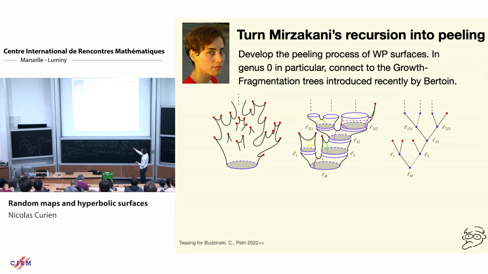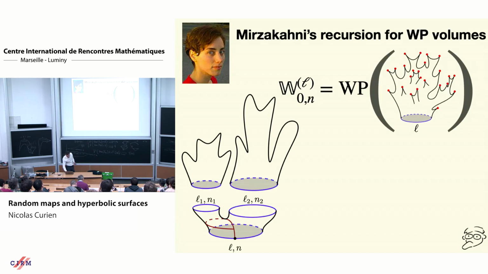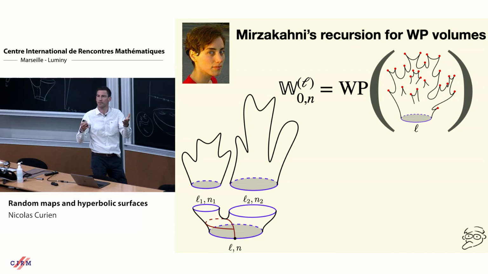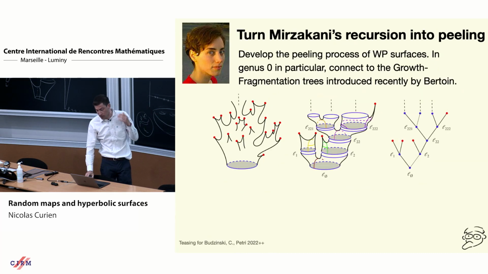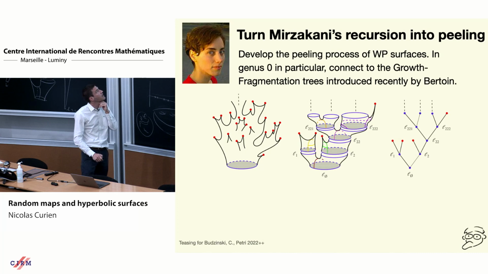We want to develop the peeling process of Weil-Petersson surfaces. More precisely, exactly as for Tutte's equation, we have many ways to pick the point on the boundary where to launch the geodesic. Many algorithms. And so we have many ways to explore the surface. Same recursion, but many ways to explore the surface.